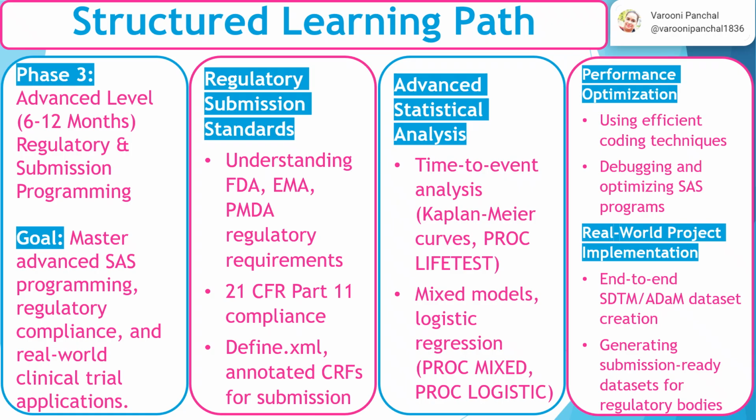All these concepts are required at the advanced level, to understand how to use survival analysis for Parkinson's, Alzheimer's, and CNS studies which are related to survival studies, and how to implement mixed models or logistic regression with respect to proc mixed or proc logistic. These are the advanced statistical techniques that you need to put your effort into.